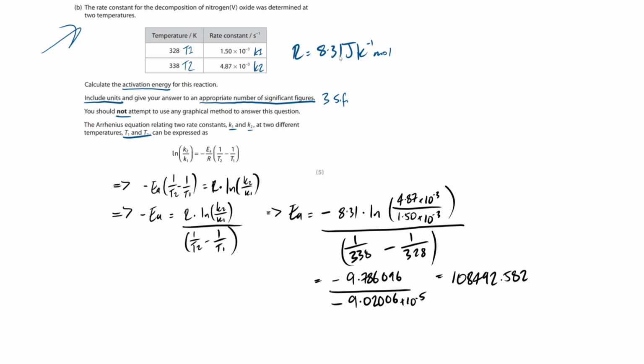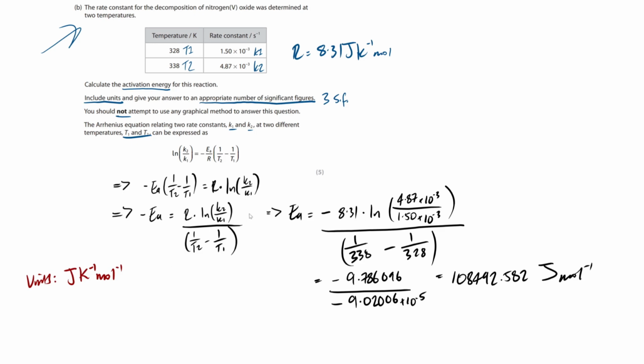Now, this is in joules, so if we haven't converted anything here, our joules is going to stay the same, so it's going to be joules here. And that's per mole. It's perfect timing to explain the units here, actually. Let me do that over here because I have a bit of space. So units then, it's going to be joules per Kelvin per mole, and that's for our R gas constant.